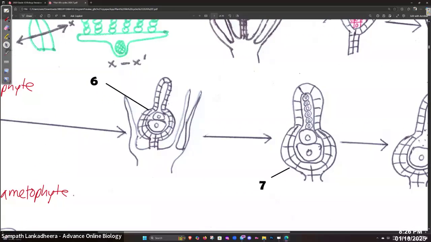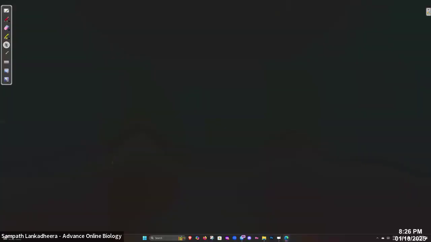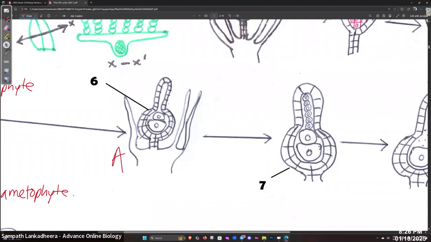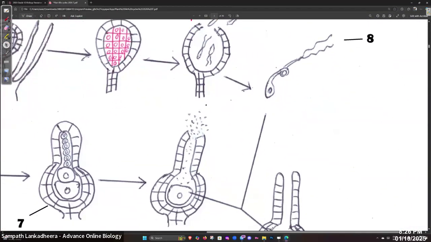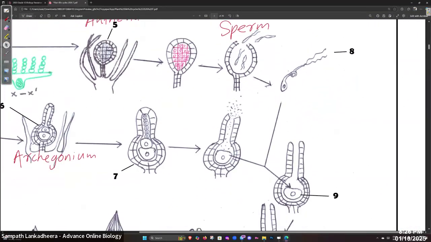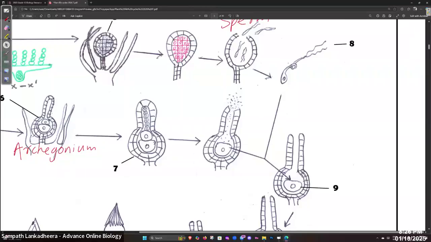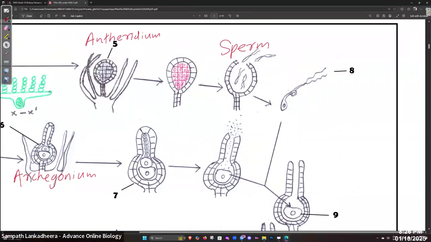So here you have the archegonium, number 6. Inside the archegonium, you can see the egg present. This is the egg.